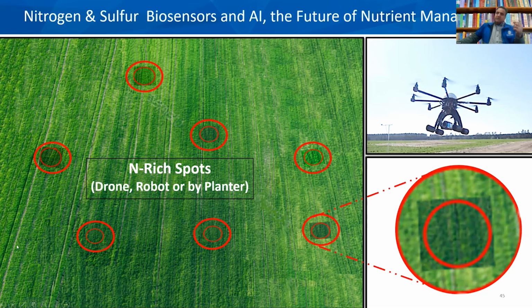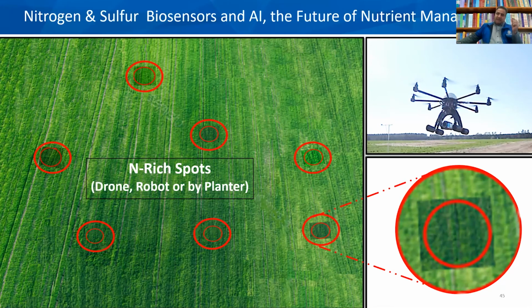So how it works: when you plant your field, you go back and have one strip of enough nitrogen or enough nutrient, to later, at the time of side dress, compare that strip with the sensor. Okay, I applied this much nitrogen for my strip, I read the reading from the field, and I compare these two numbers, and based on these numbers, I'm going to apply this level of nitrogen.